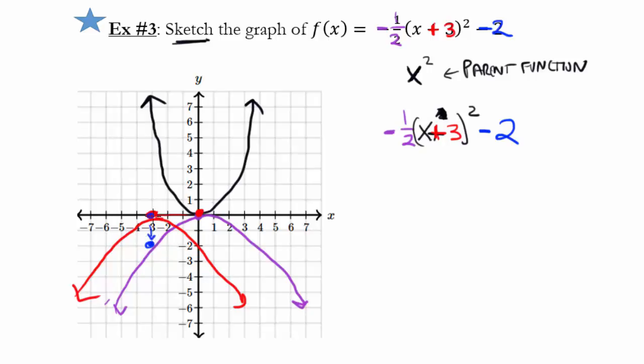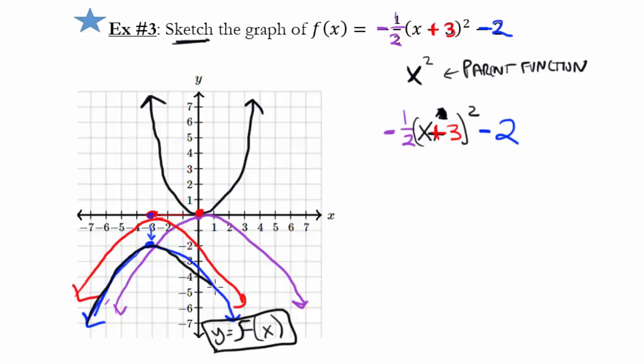So we shifted 3 to the left and 2 down, and where that one point goes, the entire graph will follow. So not the best sketch in the world, but it will look something like this. This is going to be my graph of y equals f of x, this blue graph right here, okay?